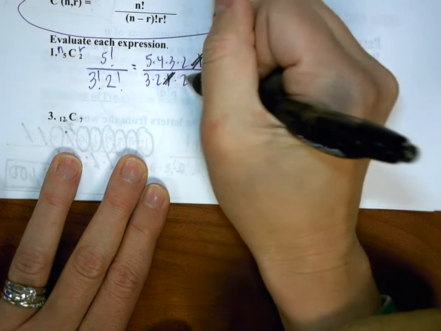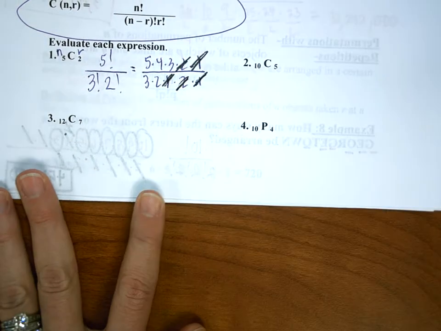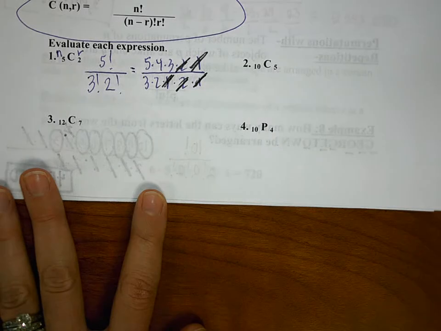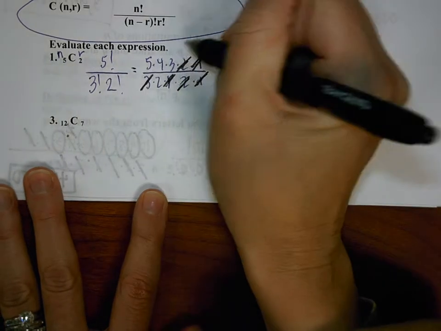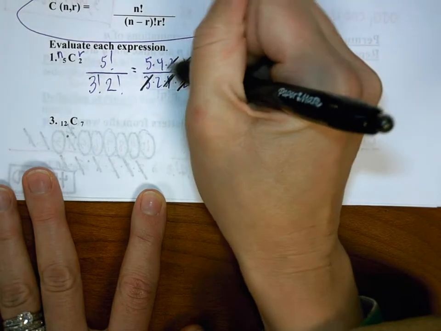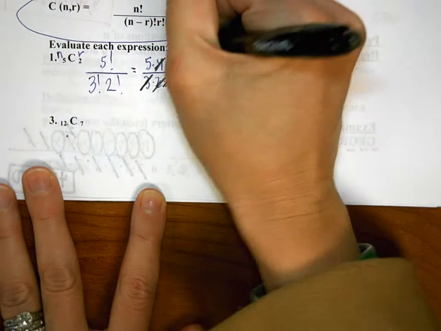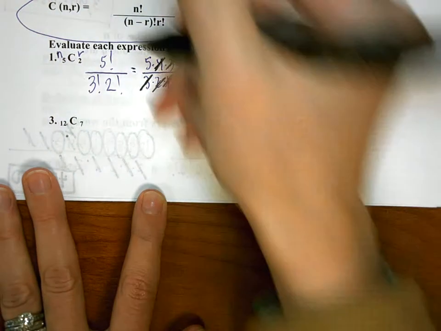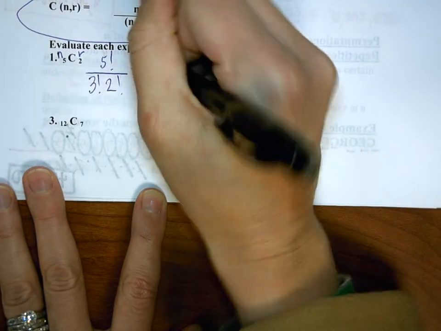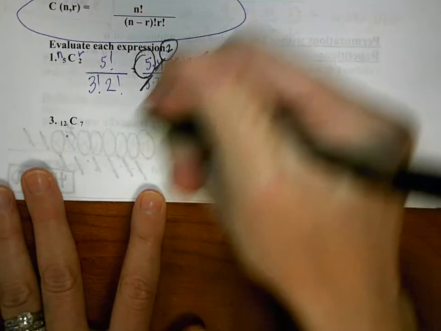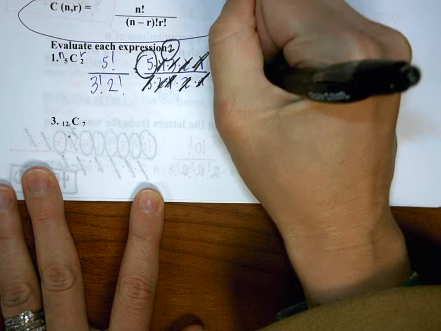Then I have a 2, cancel with this 2. Then this 3 cancels with this 3. This 2 goes into 4 how many times? 2 times. Remember what I said about circling what's left over? I have a 2 left over and a 5 left over, and I multiply that together, and how many do I have? 10. Question?